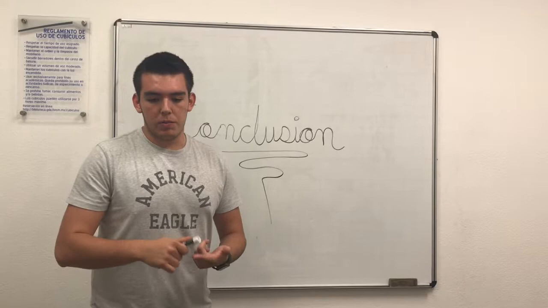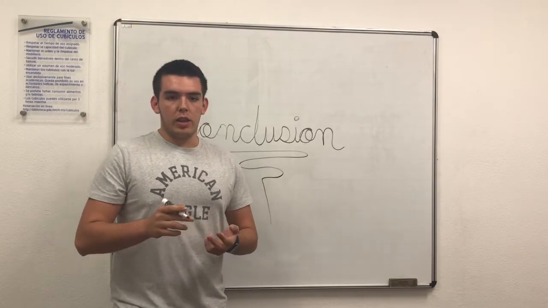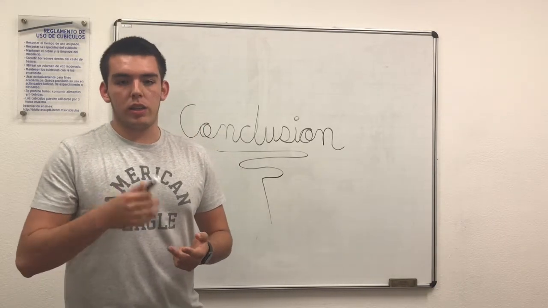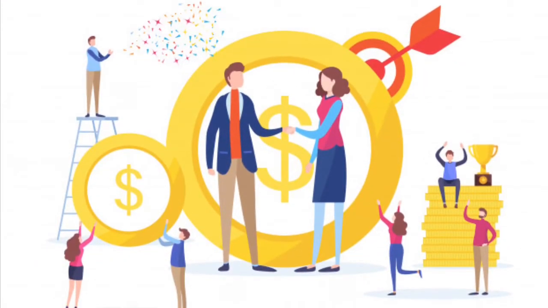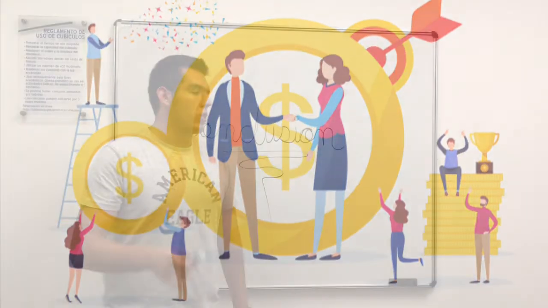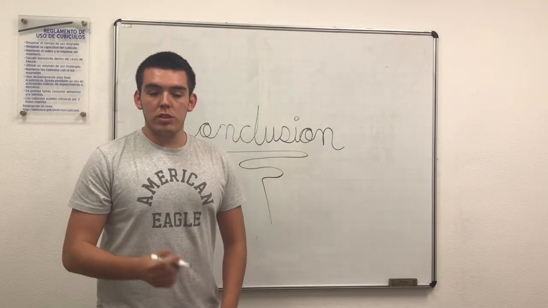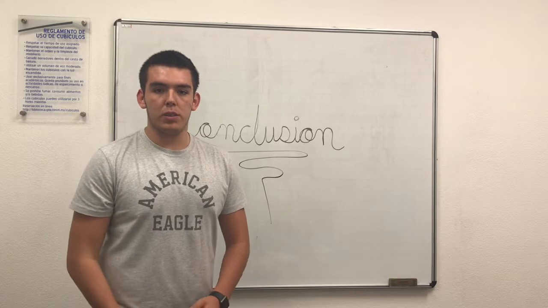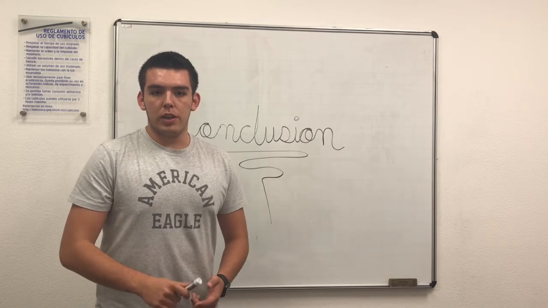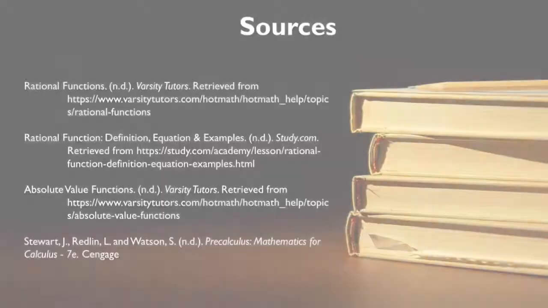For example, the cost of the light bulb, the income it wants to get, as well as the amount of light bulbs it needs for having a positive income. So using rational functions, we could use the number in which the light bulbs must be sold for having a positive income and the company having a great advance.